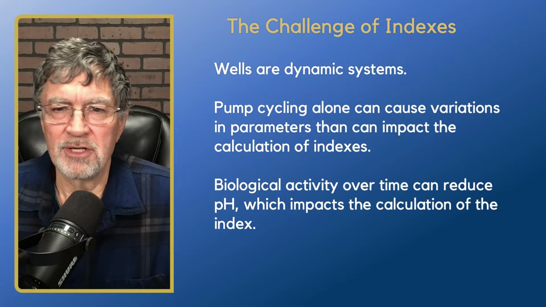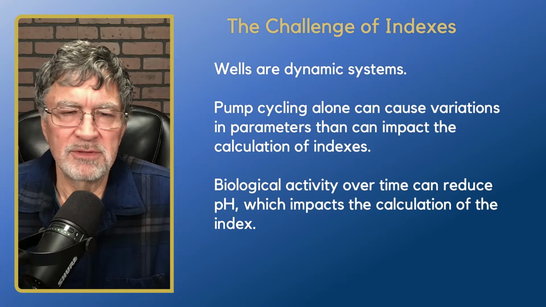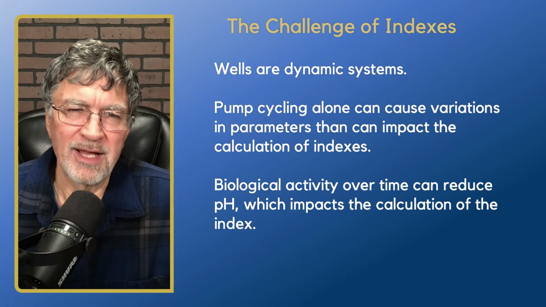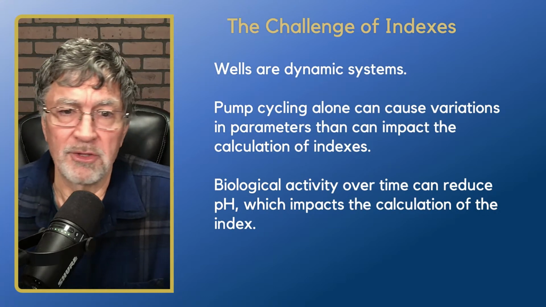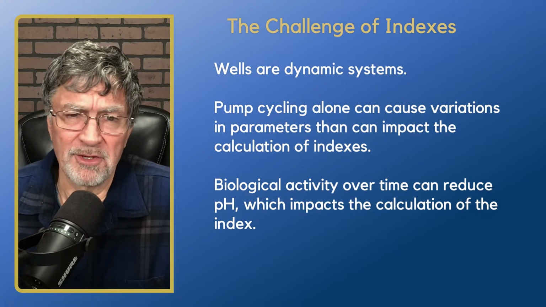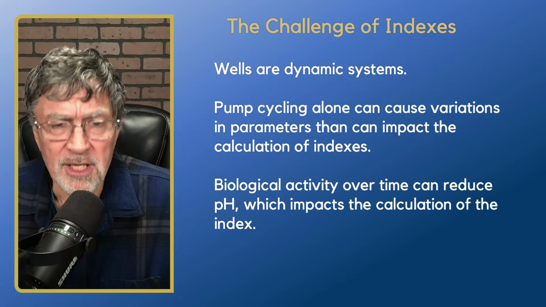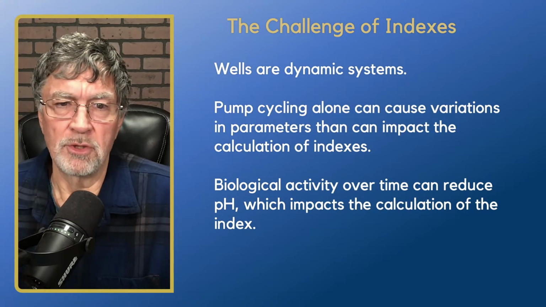So these are some caveats that you need to be aware of. If you have strong SRB development in your well, then the LSI calculation is probably going to be off, because the pH part of the calculation, which as you saw earlier is a huge part of the LSI calculation, is going to be off, and so your LSI is going to be off.